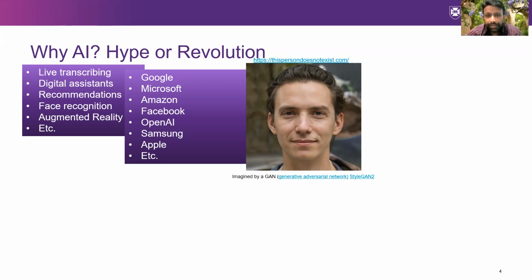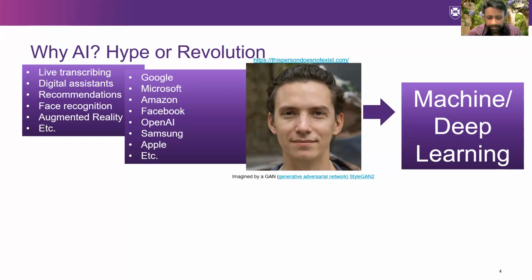In fact, they're completely randomized and the people don't exist. So that's the website you can have a look at. I'm not going to fire it up, but every time you load that page, you'll get a new distinct face. And of course, that utilizes this machine and deep learning that we're going to be talking about.